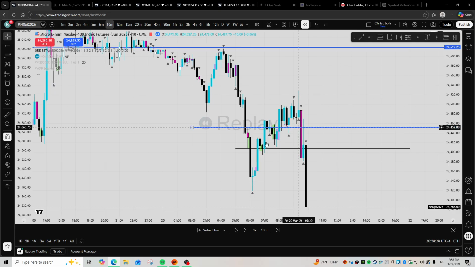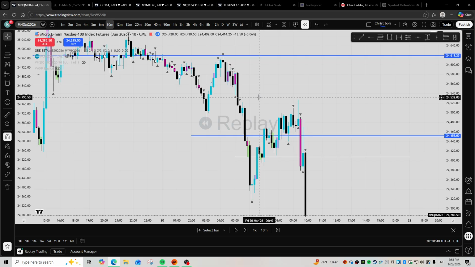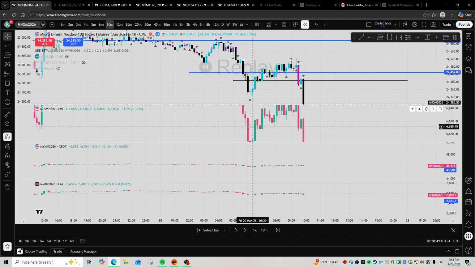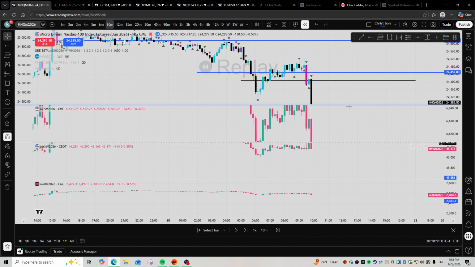So what we see here is price rebalances this range here. And then obviously the order block is down here, because this one is not an order block yet. And we see price go up, rebalance it. Well, first of all, I think it gives us an SMT.